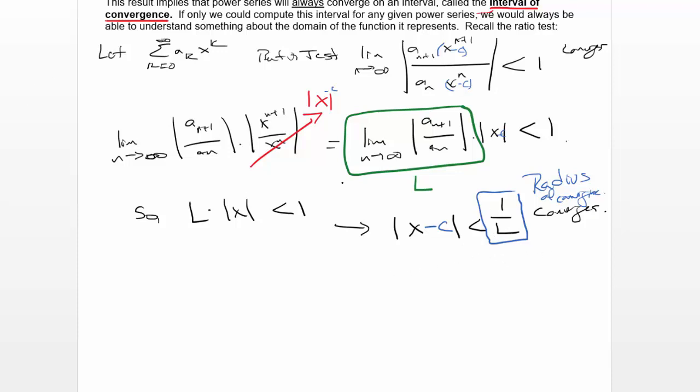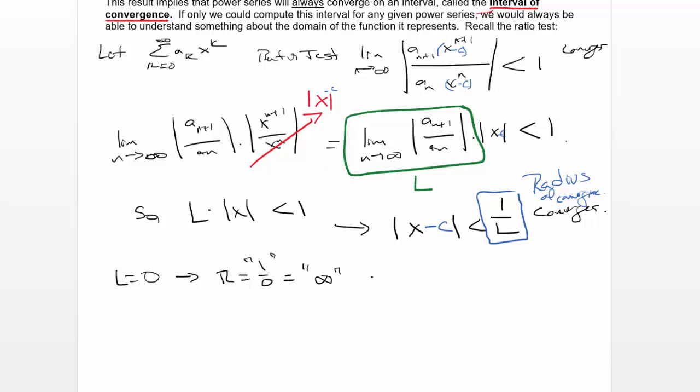In my mind, I think there are 3 cases of what L could be. I think L could be 0, in which case the radius of convergence would be 1 over 0. Put that in quotations because this would mean it's infinity.